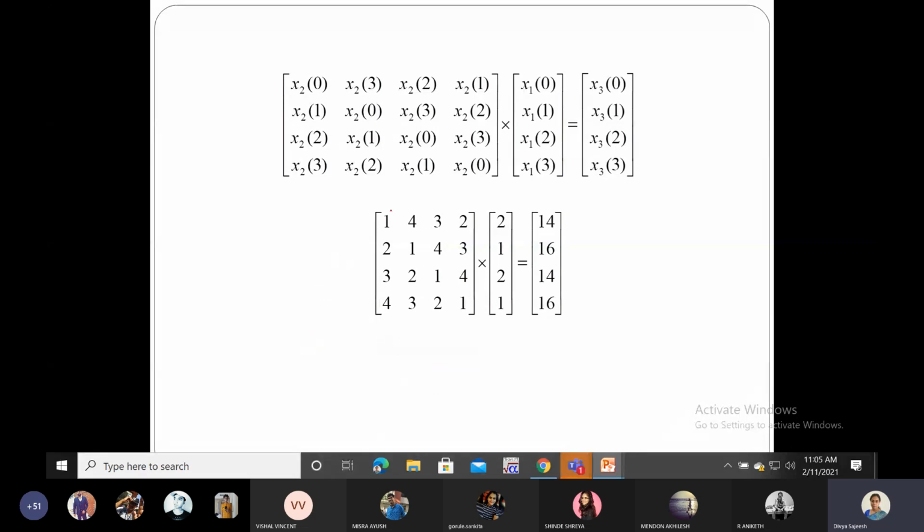The elements of x2 of n are 1, 2, 3, 4, whereas x1 of n has the elements 2, 1, 2, 1.